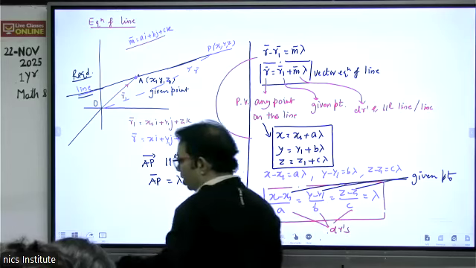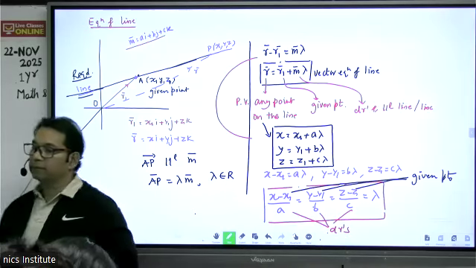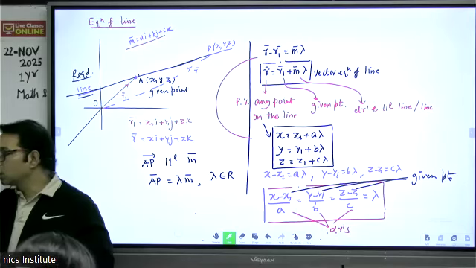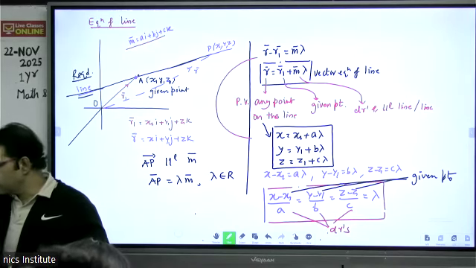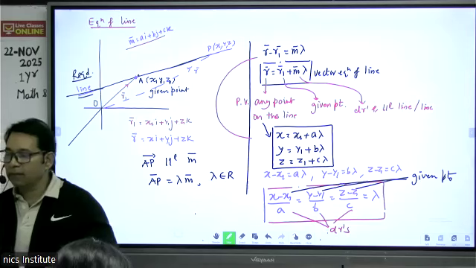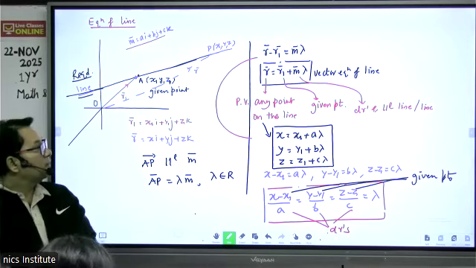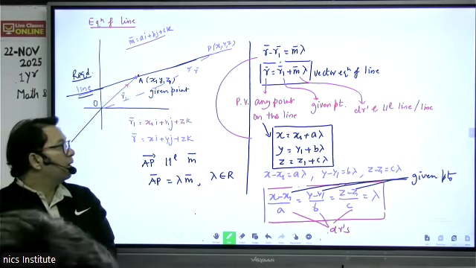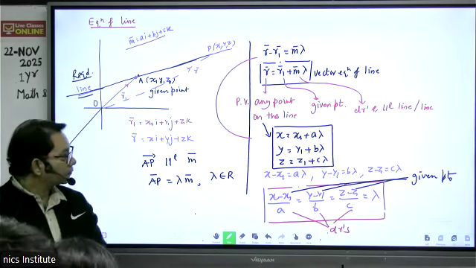So these are the coordinates of any point on the line. So this is the vector and Cartesian equation of a line passing through a given point.